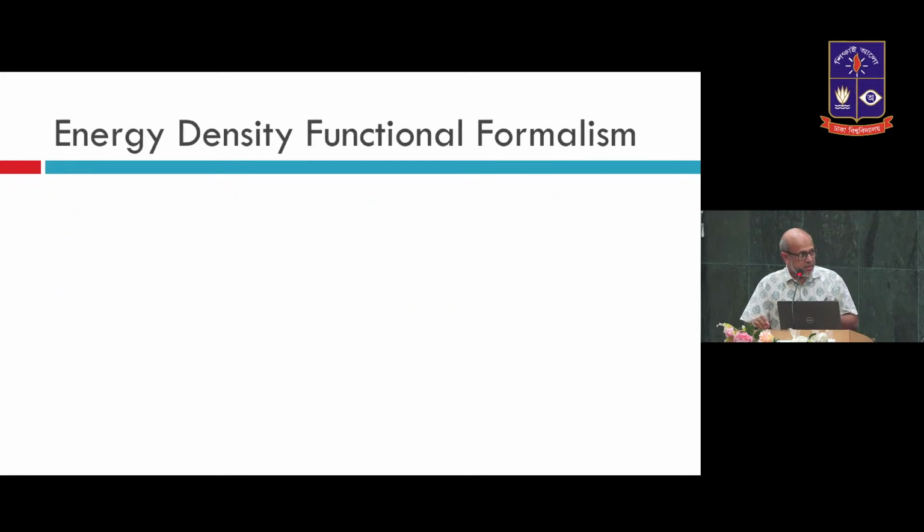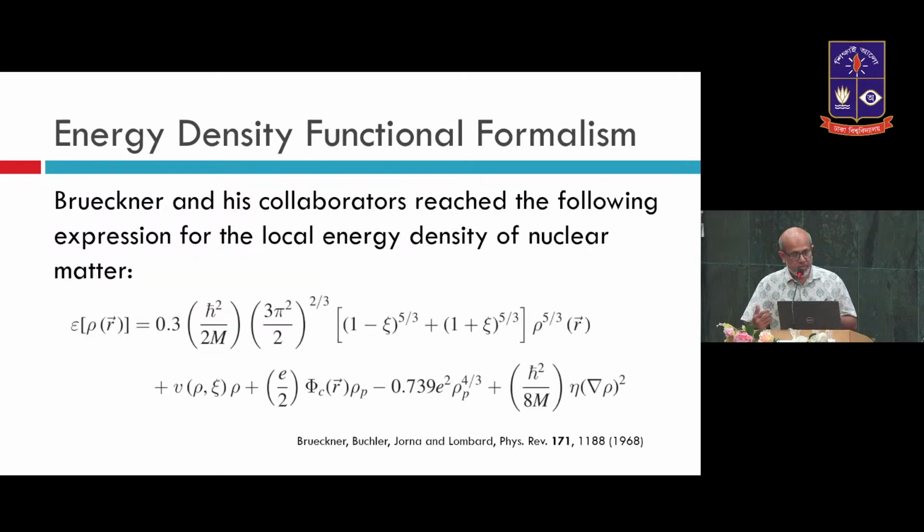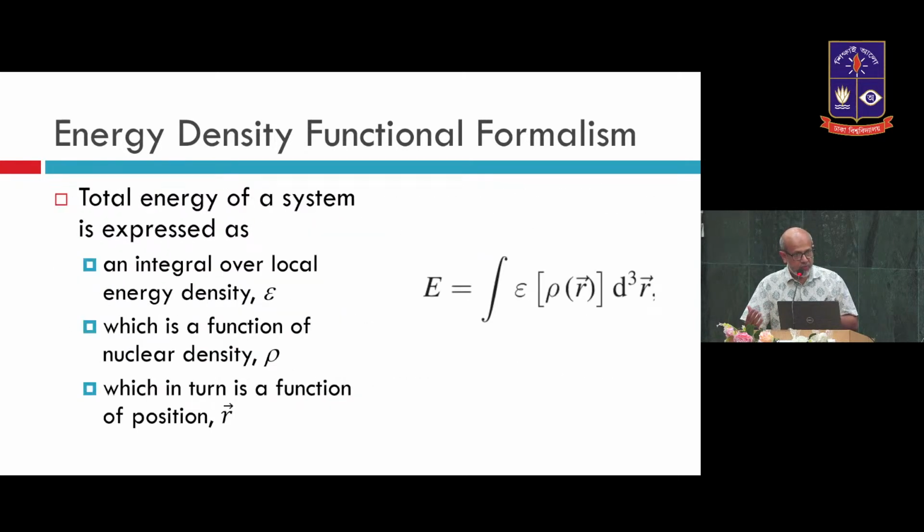And then this density is a function of position. So if we know the density distributions of nuclear matter, and we can express the local energy density of nuclear matter in terms of this density, then we can integrate over it to get the energy of the system.